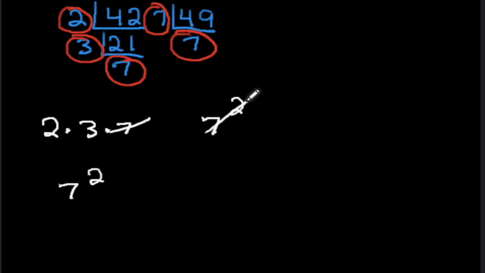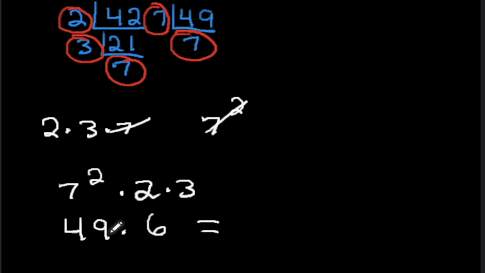Okay, so that's out of the way. And whatever is left over is what you're going to multiply as well. Okay, and so when we multiply, we have 7 times 7, which is 49, times 2 times 3 is 6. And so that's equal to, let's see, 9 times 6 is 54. And 240 plus 54 is 294. So 294 is your LCM.